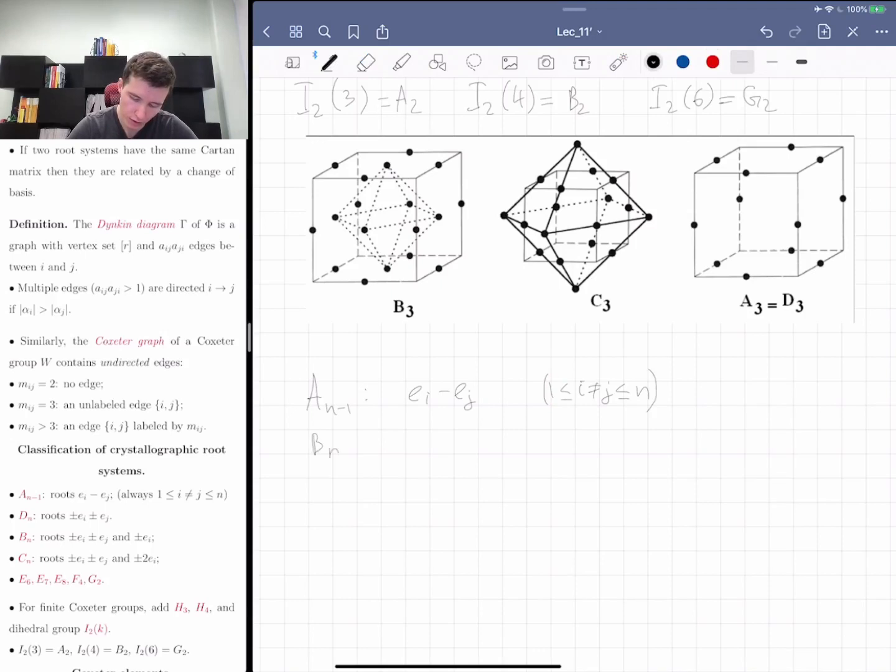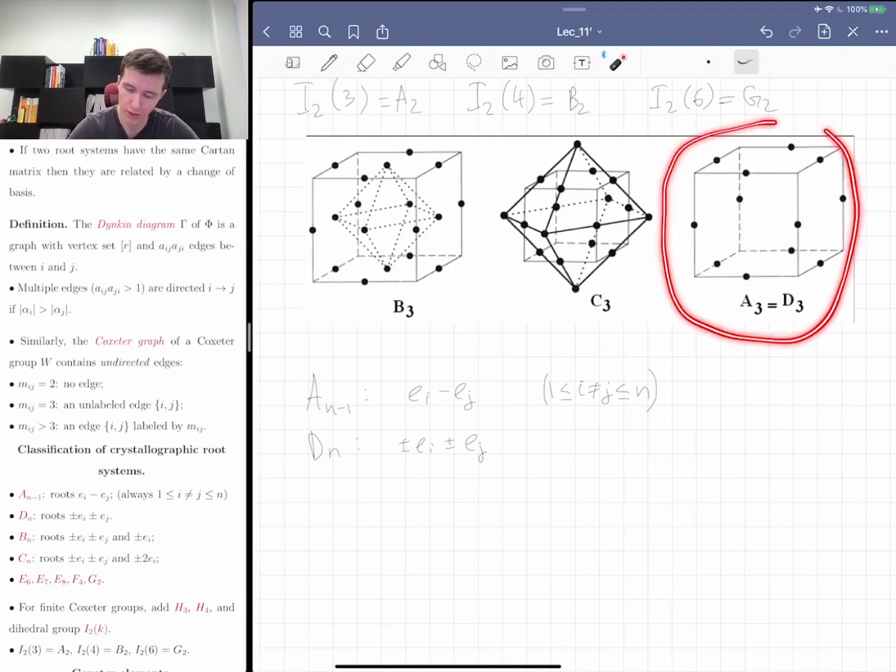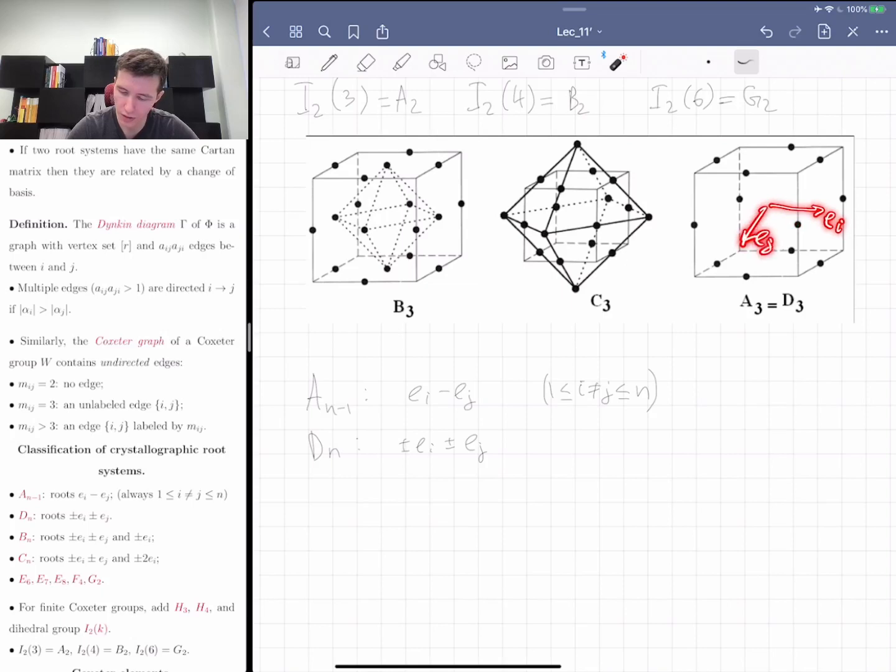For B_n, well, let me start with D_n, because that's actually going to be contained in the rest of them. For D_n, the roots are plus or minus e_i, plus or minus e_j, with the same condition that i and j go between 1 and n. And so you can see the picture of D3 on the right here, and basically for any e_i and e_j, you get a point like e_i plus e_j.